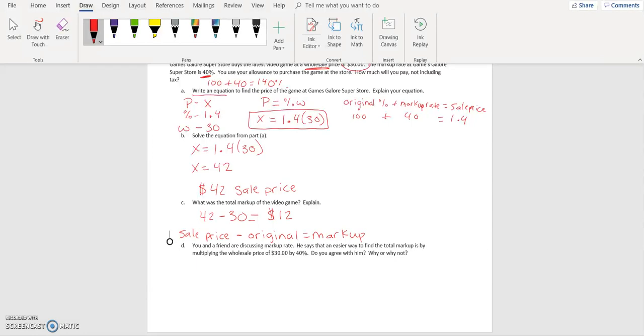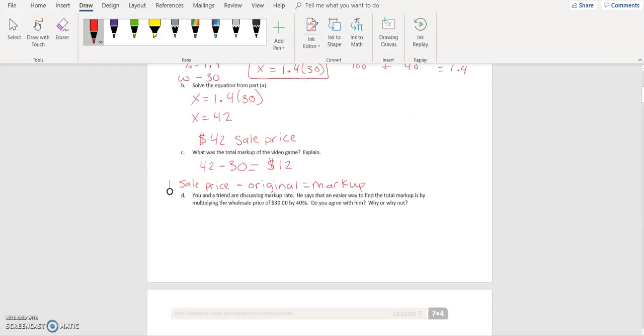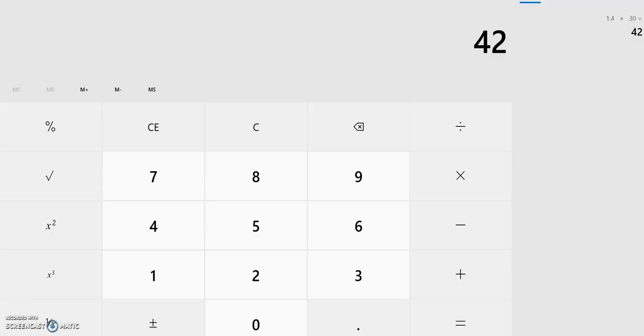He says the easier way to find the markup, the $12, is to take the 30 and multiply it by 40%, so that would be 0.40. When we do 30 times 0.40, we still get that $12. And so that gives us that markup rate.